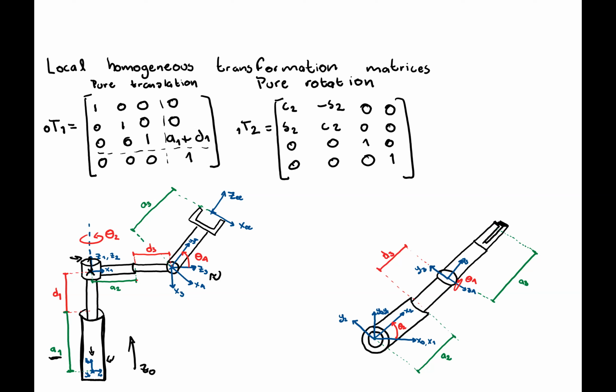Okay, so let's write it down here. But there's also the fact that this is a prismatic joint, so we're going to have to add also a translation that is going to be the translation due to the length of the link A2 plus the displacement of joint D3. So let's write it down here.